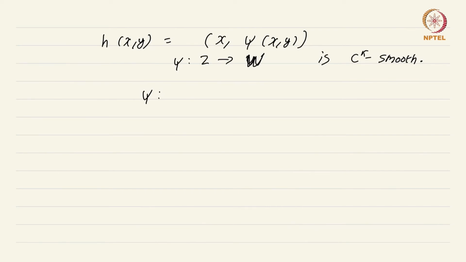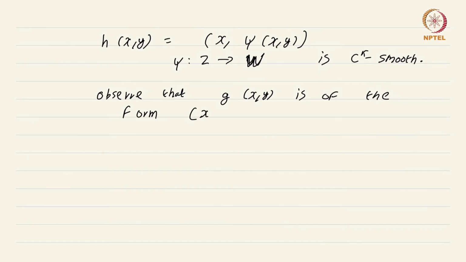Now here is the crux of the proof. Observe that g of (x, y) is of the form (x, 0) precisely when f of (x, y) is 0. Right?